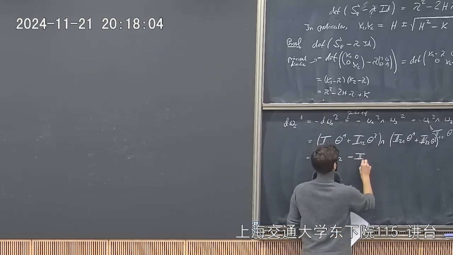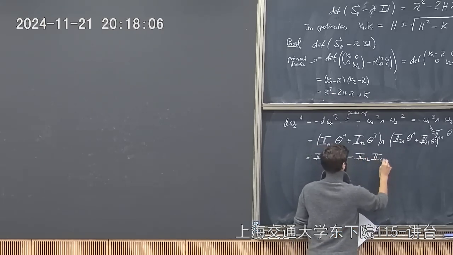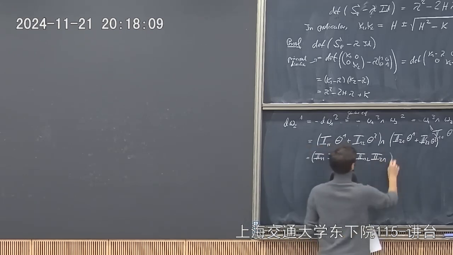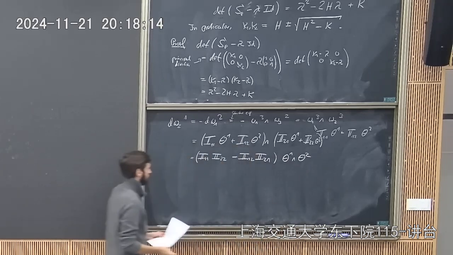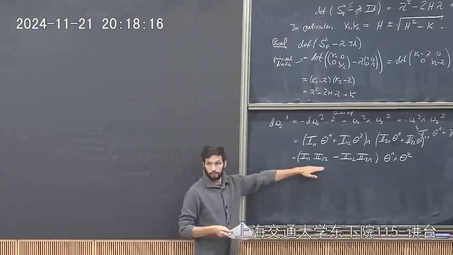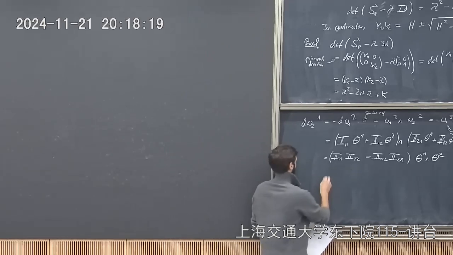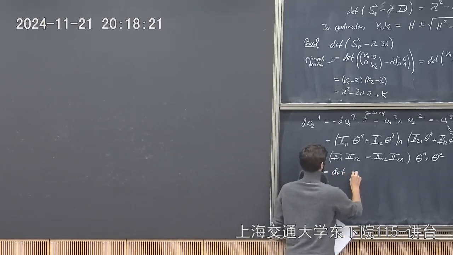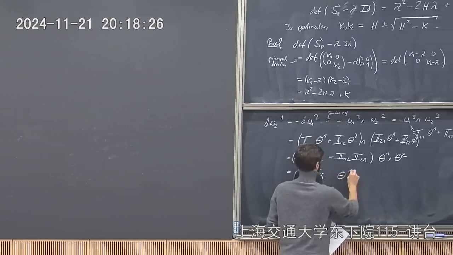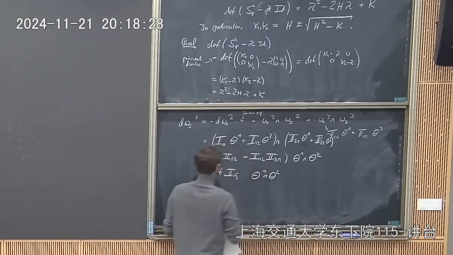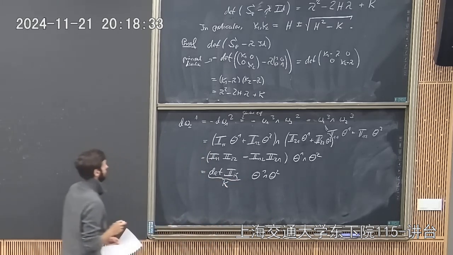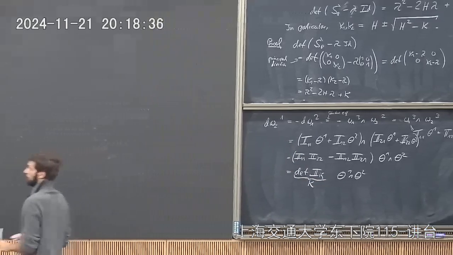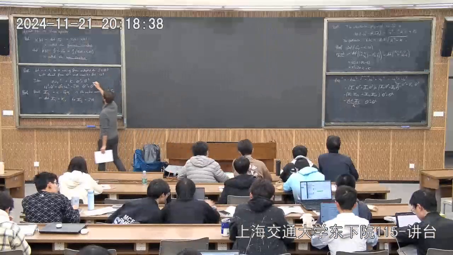So we get the following expression. And here you realize that this one happens to be the determinant of this matrix times theta 1 wedge theta 2. And as we have seen before, this one is just the Gaussian curvature. So that verifies, hopefully, the first equation here.